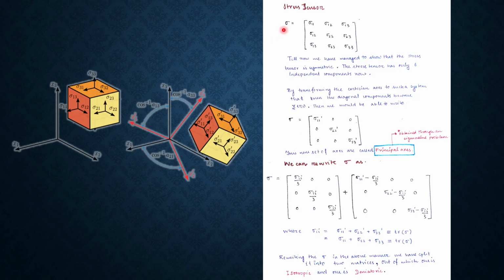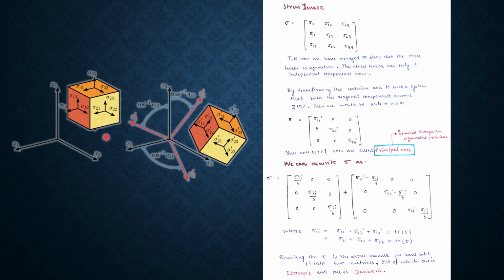The stress tensor that I had obtained till now was sigma 11, sigma 12, sigma 13, sigma 12, sigma 22, sigma 23, sigma 13, sigma 23, sigma 33. We can notice it has been set to be symmetric, something that we obtained in the previous step. And the stress tensor as of now has 6 independent components. But this can be reduced even further.